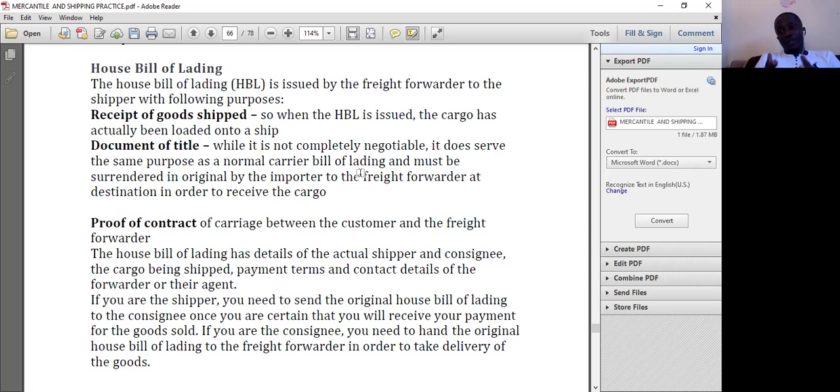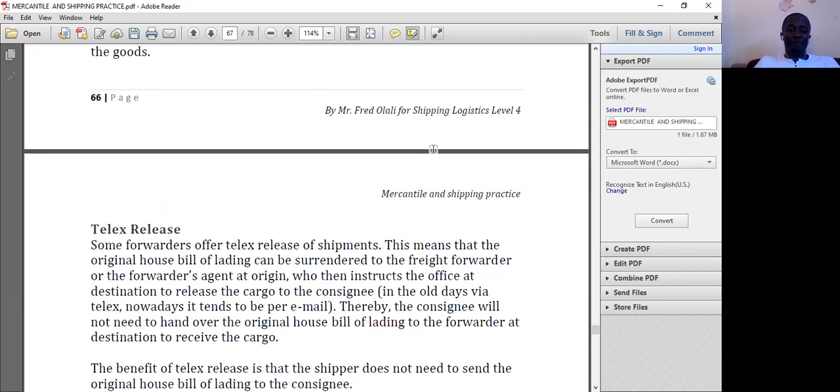So these cargoes are consolidated into a container and shipped as LCL cargoes, not FCL, but LCL cargoes, okay? In that case, you'll be given a document known as the house BL by the freight forwarder.